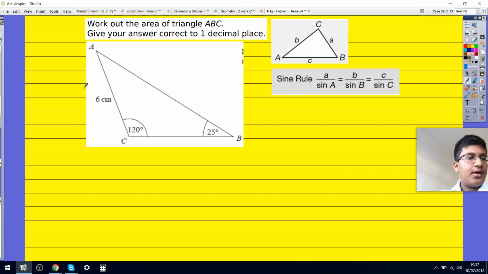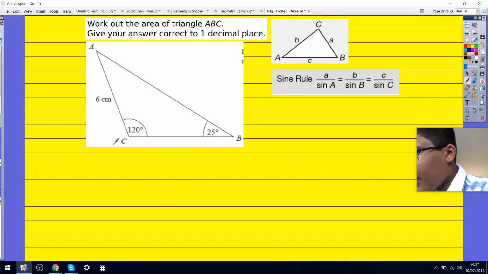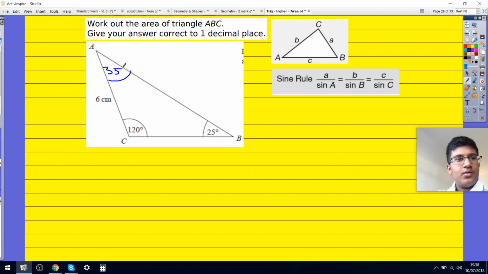The other angle is 35 degrees, so it's not an isosceles triangle. We could use trigonometry to find the other side, but it's not 90 degrees.